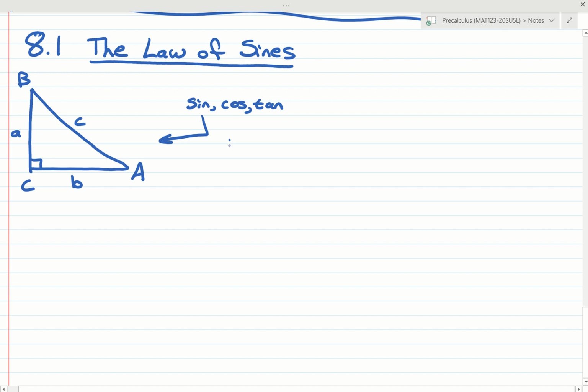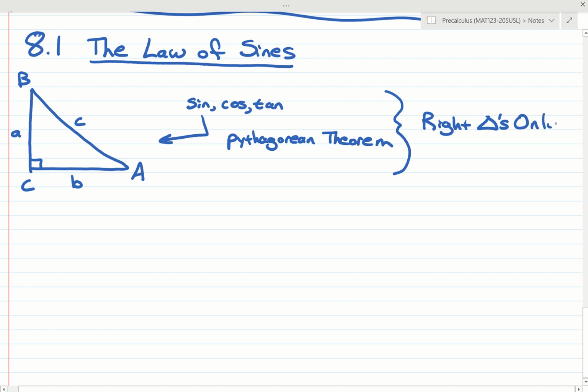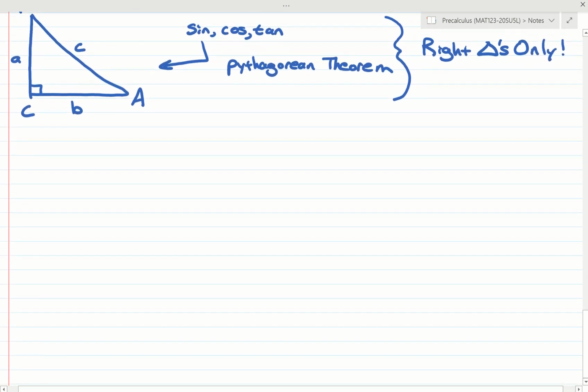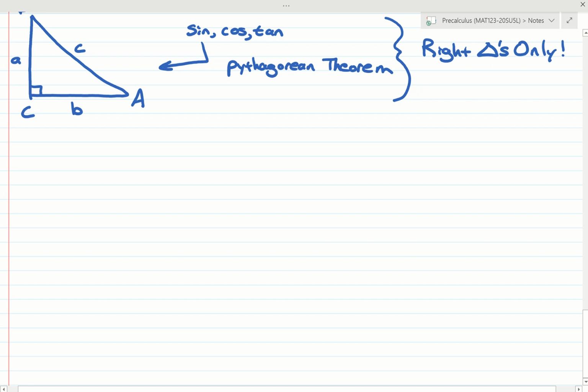We could also use the Pythagorean theorem to solve a right triangle. The problem is these only work for right triangles only. So the question comes up, well, how would you solve a non-right triangle?